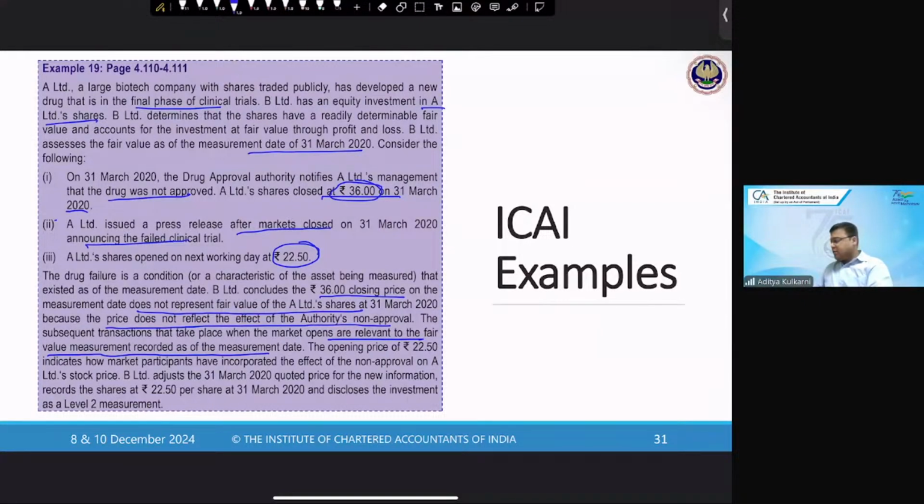Opening price of 2250 indicates how the markets would have incorporated the effect of non-approval. B Limited adjusts the 31st March 2020 quoted price for the new information, records the shares at 2250 and discloses the investment as a level 2 measurement.